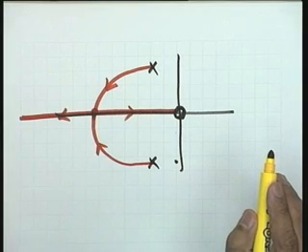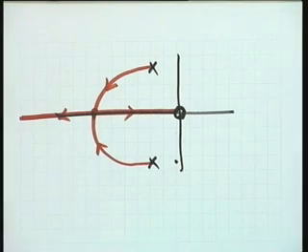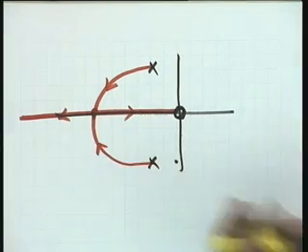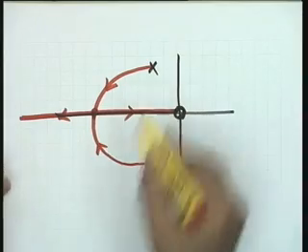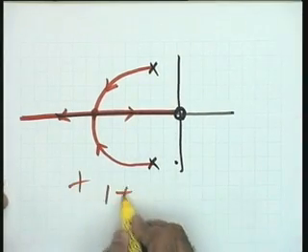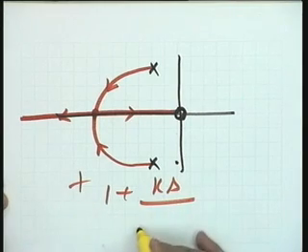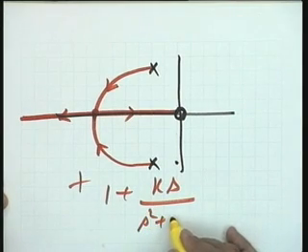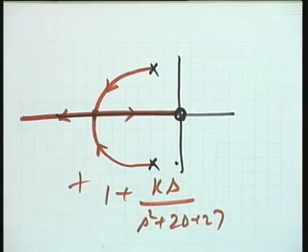So how would we decide the breakaway point in this case? Same rule, dk by ds is equal to 0 will give you the point. You see that in this particular case, for example, your characteristic equation is 1 plus ks divided by s squared plus some value we had taken, let us say 2s plus 27. Hopefully this was the value. You have to apply the same rule.